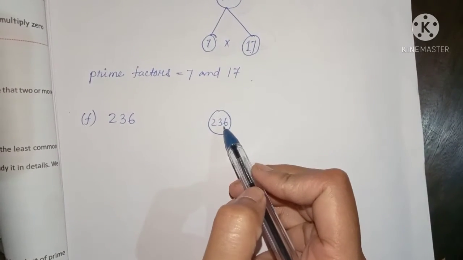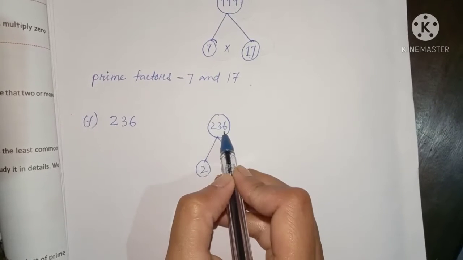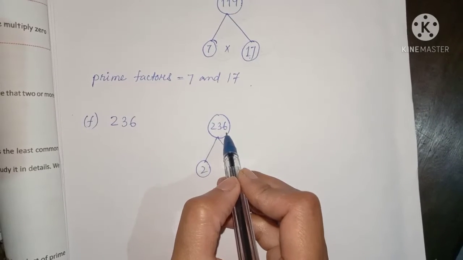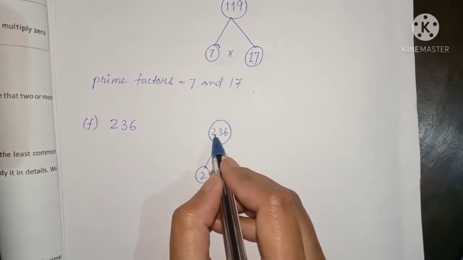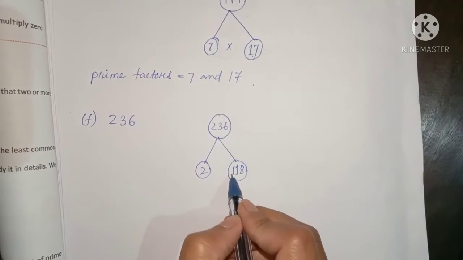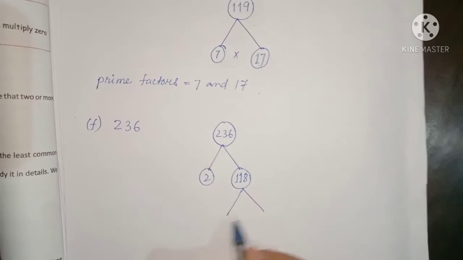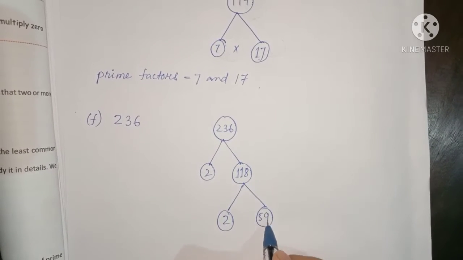For 236 we have to divide by 2, as there is 6 in the ones position, so this can be divided by 2. So 2 ones are 2, 2 threes are 6, then 2 sixes are 12. Again this can be divided by 2, 2 fives are 10, 2 nines are 18.